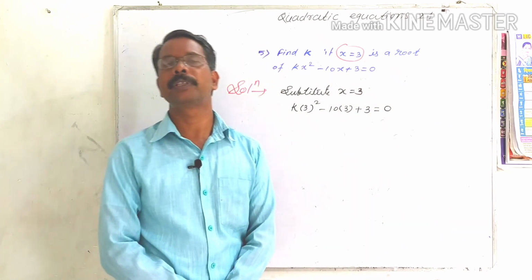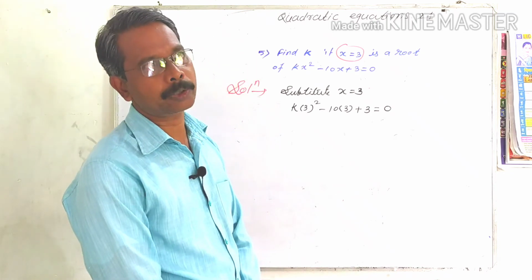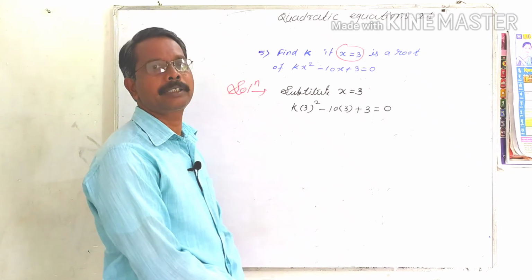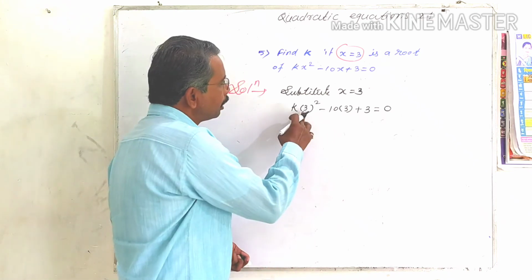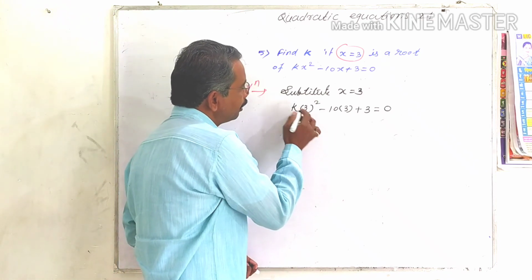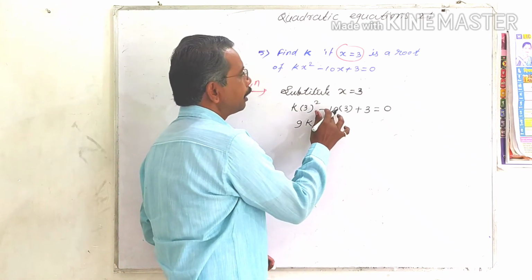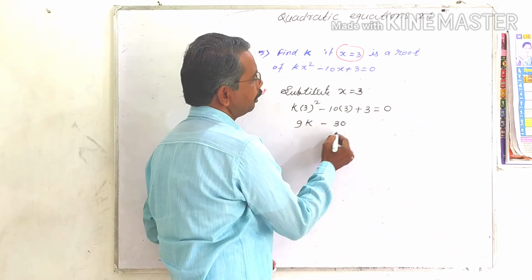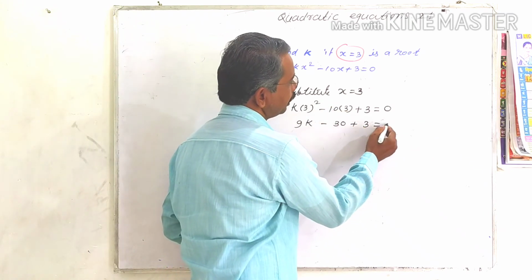What have we done? We have put 3 in the place of x because x is 3, as given. 3 square is 9 and k, 10 multiply 3 is 30, plus 3 equal to 0.